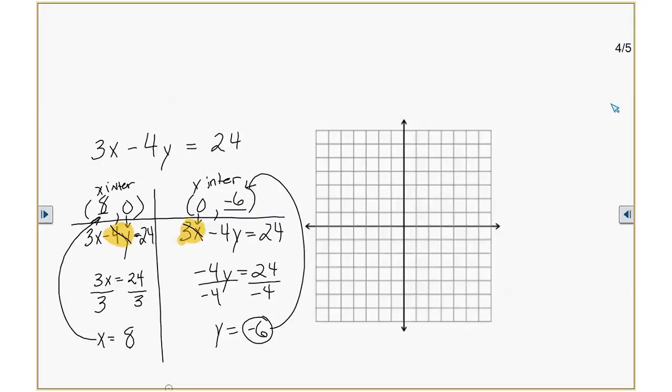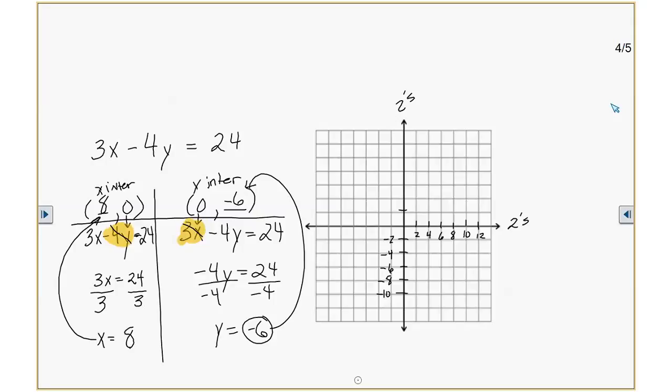I'm gonna make these 2s. 2, 4, 6, 8. 2s. So, 2, 4, 6, 8. Negative 2, negative 4, negative 6, negative 8.